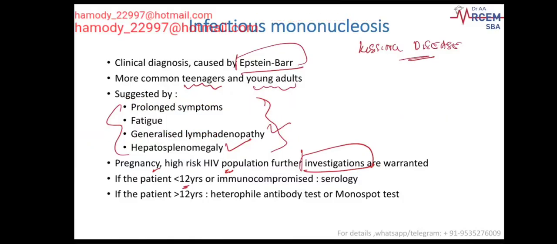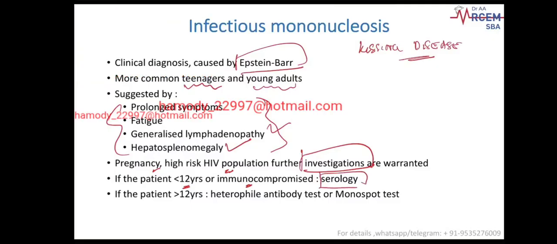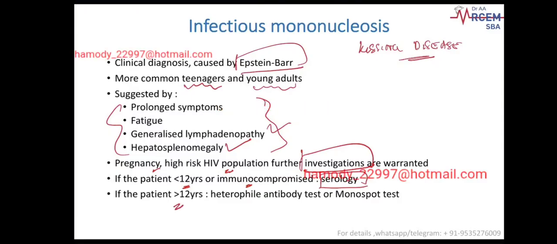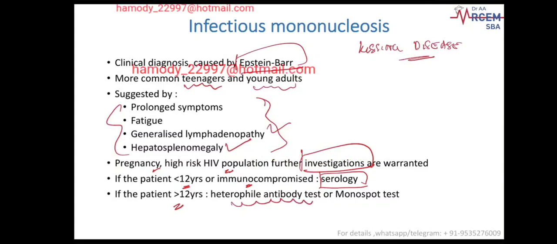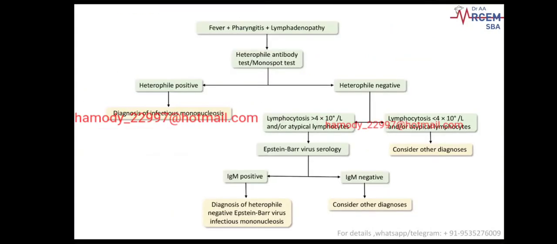Anyone who is less than 12 years or you're suspecting an immunocompromised status, directly serology is preferred. More than 12 years and you're not suspecting any immunocompromise, then you will be doing a heterophile antibody test or a monospot test.